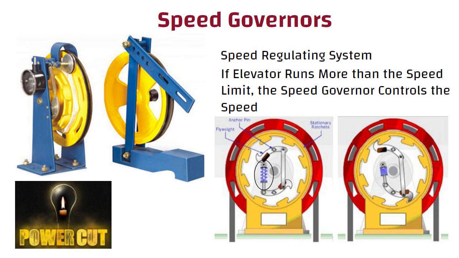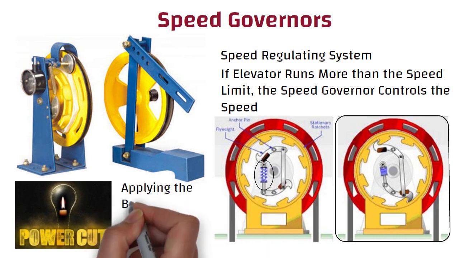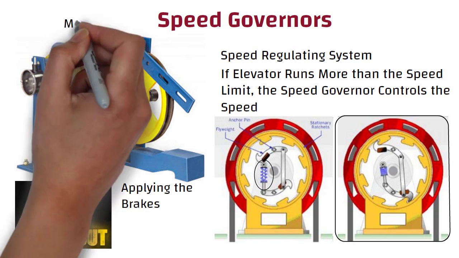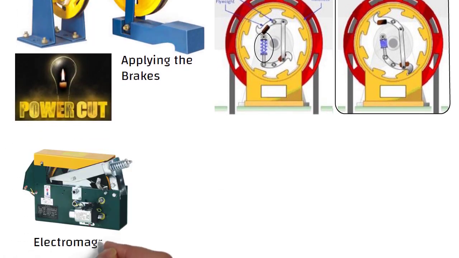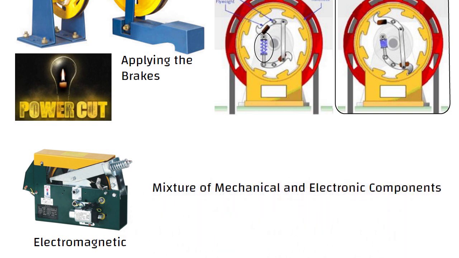If that fails and the lift continues to accelerate, the arms will fly out even further and trip a second mechanism applying the brakes. Some governors are entirely mechanical, others are electromagnetic. Still others use a mixture of mechanical and electronic components. It is usually attached to the bottom of the car and it is also known as governor rope.